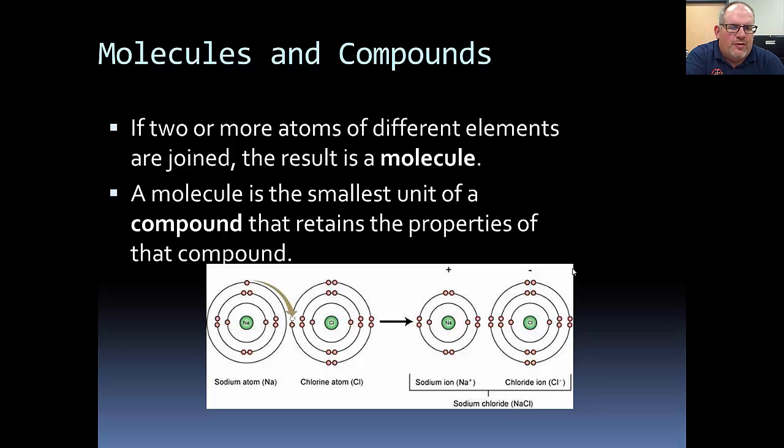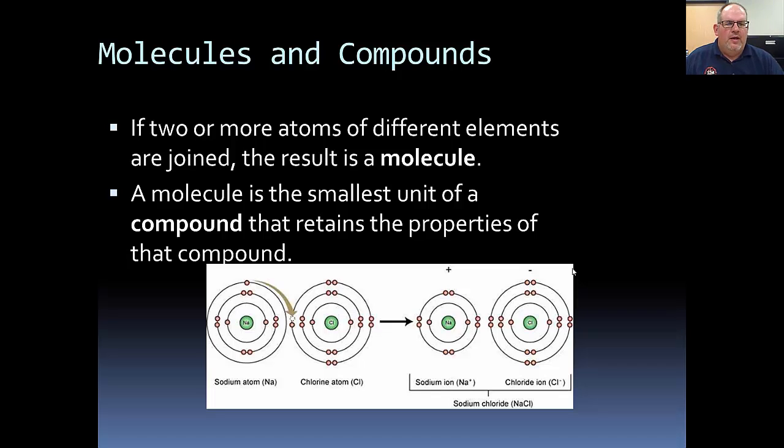And a molecule of that compound retains the properties of that compound, and it's the smallest unit. So in this case with sodium and chloride, the smallest unit is 1 atom of sodium and 1 atom of chloride. That makes up 1 molecule of the compound, and it will still keep the properties of salt, of sodium chloride.